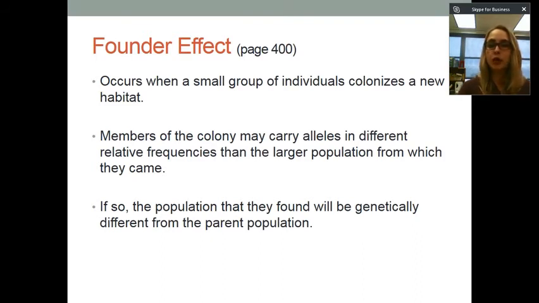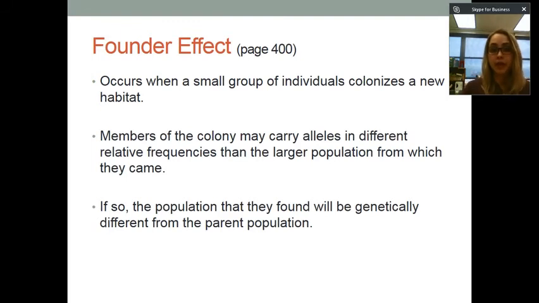And so if you're going to colonize the new island, meaning that you are going to reproduce and start a new population with just that small portion of people that are there, then the population you end up with on the island could look a lot different than the population from the mainland that's much, much larger, because you have just this small portion of individuals, and it could not be representative of the main population.